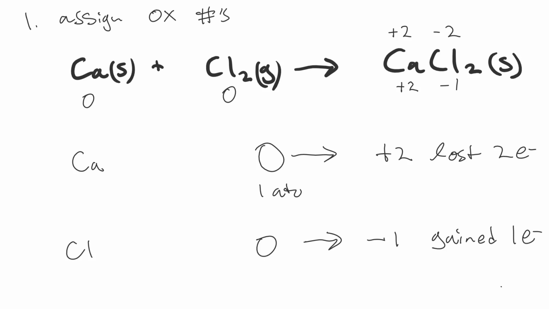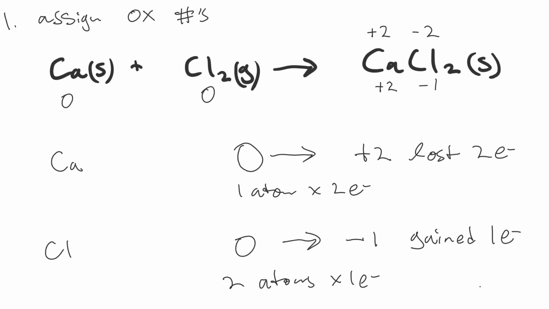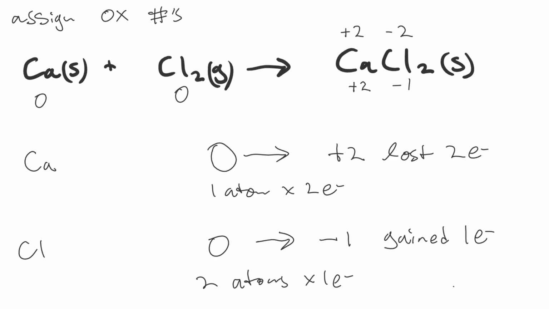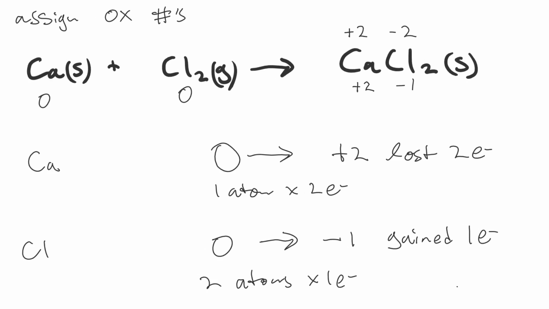We have 1 atom times 2 electrons for calcium, or 2 atoms times 1 electron for chlorine. Either way, it's 2 electrons exchanged. Now, calcium lost electrons, so calcium was oxidized.